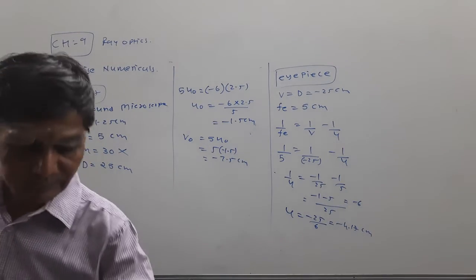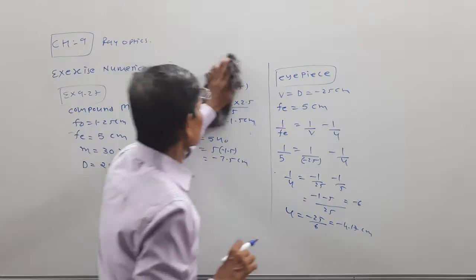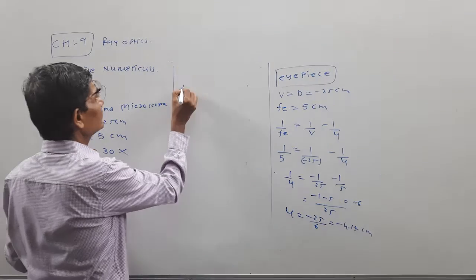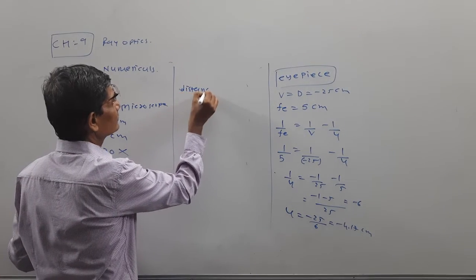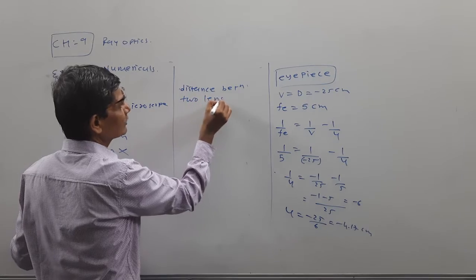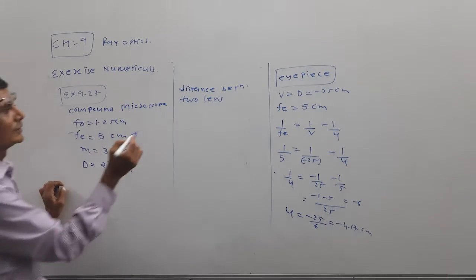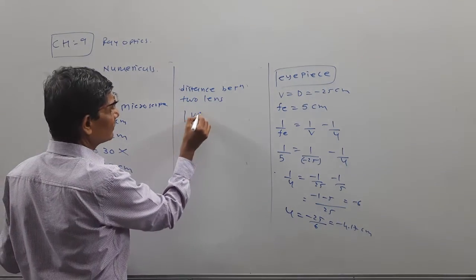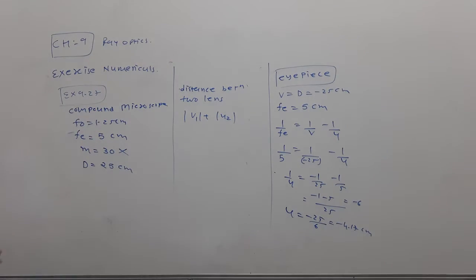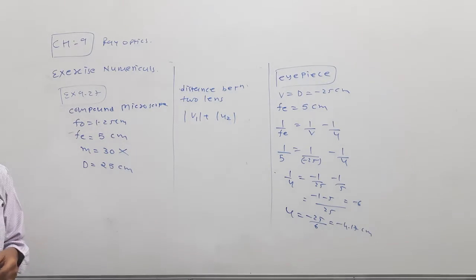Now see, what is the distance between the two lenses in case of a compound microscope? It is V1 plus U2. We have to keep in mind that the distance is always positive.